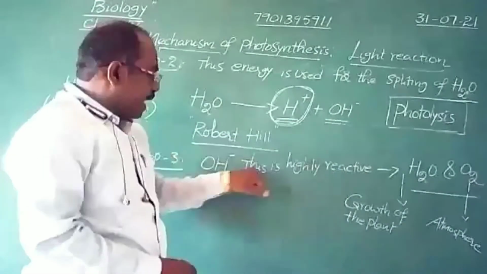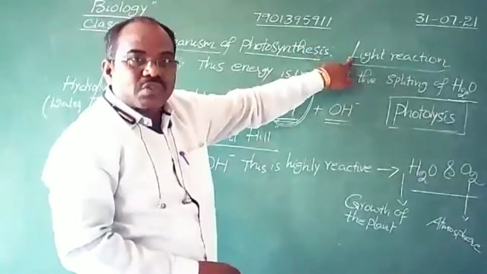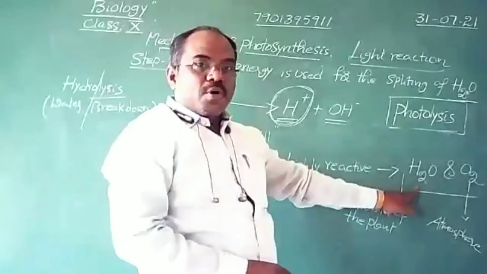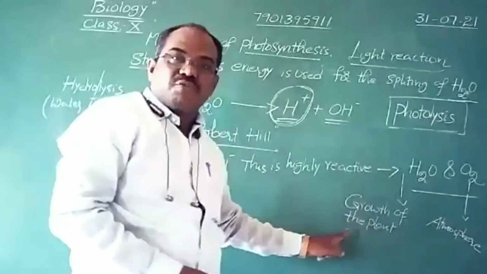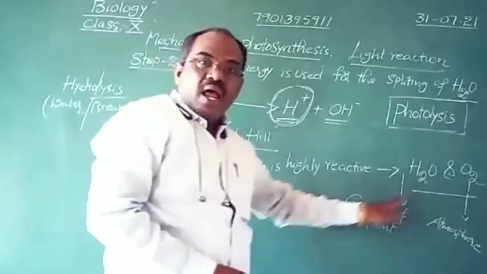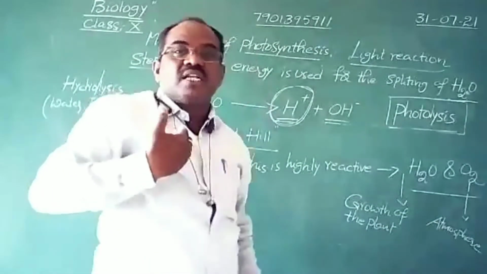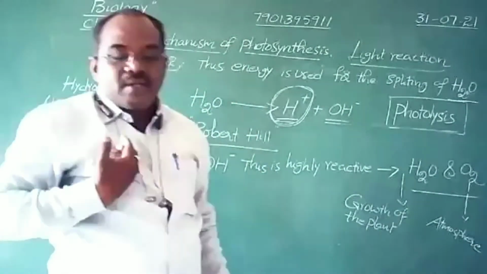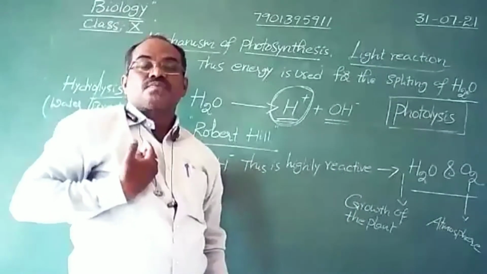Only the OH negative ion is used for the light reaction process. It is highly reactive and can form water and oxygen. Water is essential for the growth of the plant body and oxygen is escaped into the atmosphere. We know that oxygen is essential for breathing, for respiration.